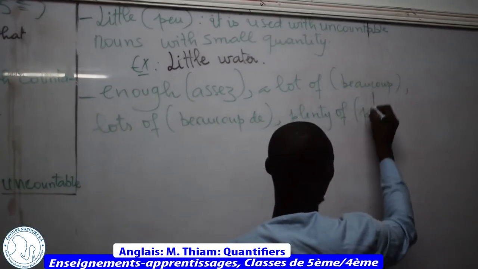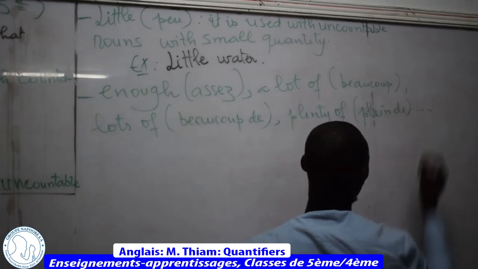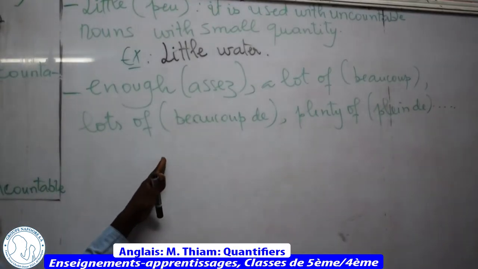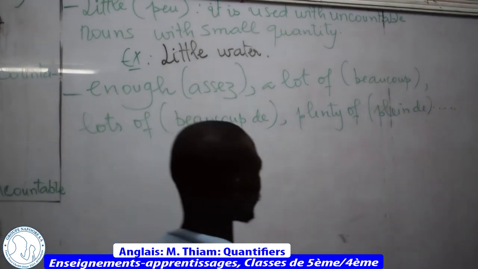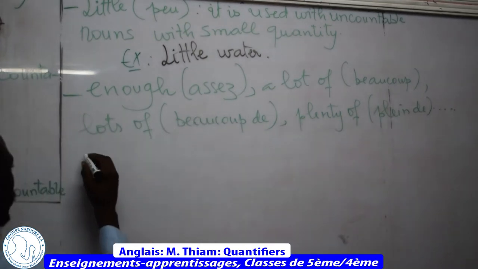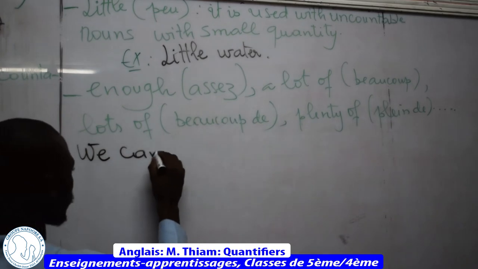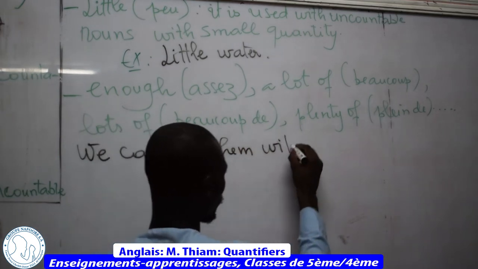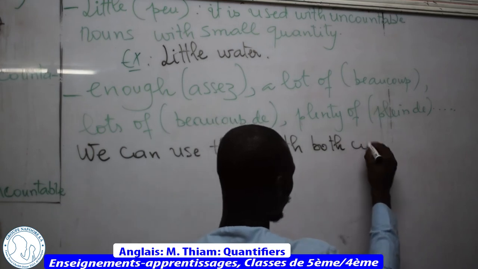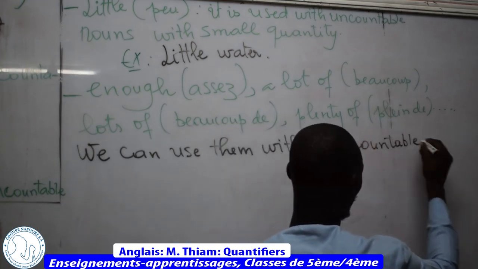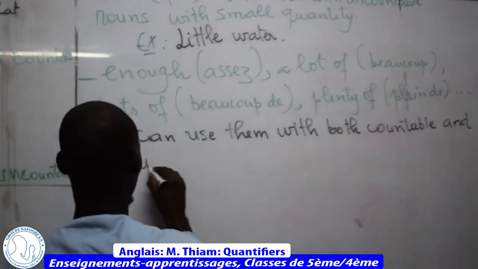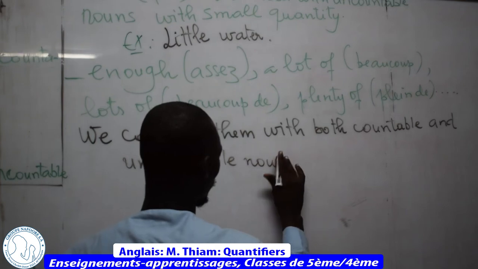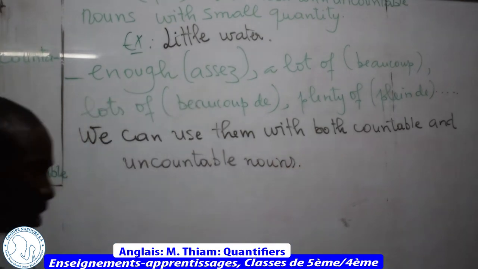Plenty, etc. Now, these quantifiers can be used with both countable and uncountable nouns. It means what?